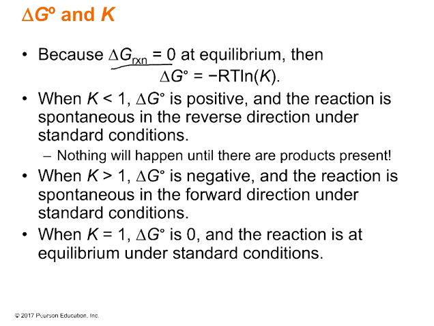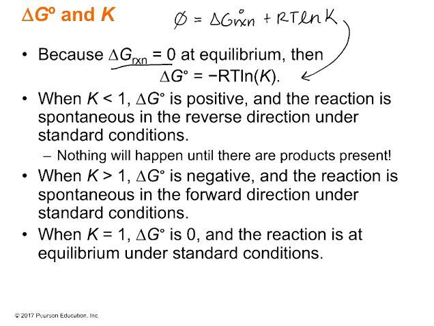So if we set the equation we just used equal to 0, and I'm going to write K here instead of Q because we're assuming we're at equilibrium, we can rearrange that equation to give us delta G of the reaction at standard conditions, and that's equal to negative RT times the natural log of K.